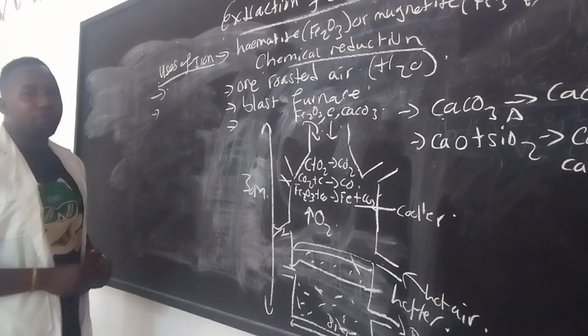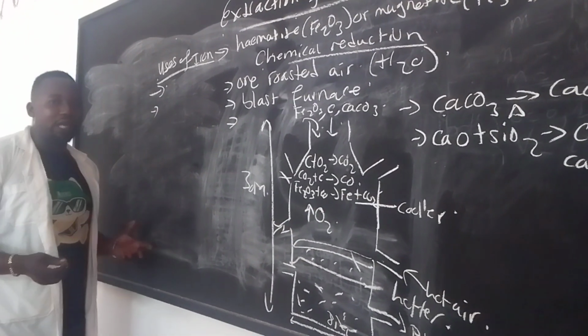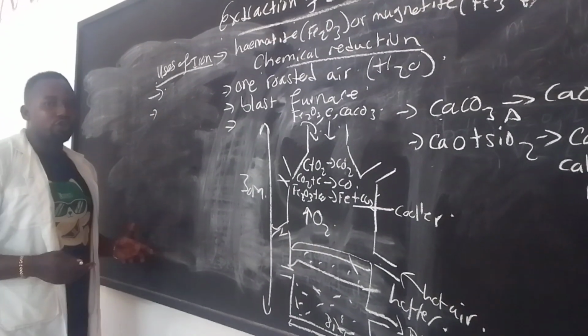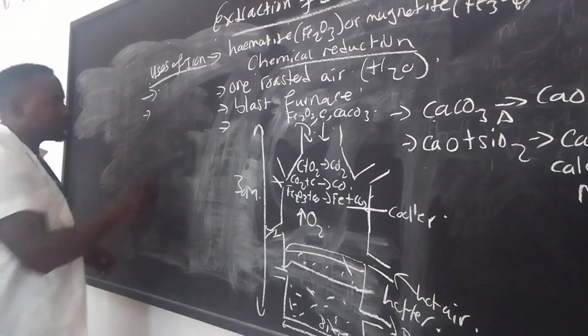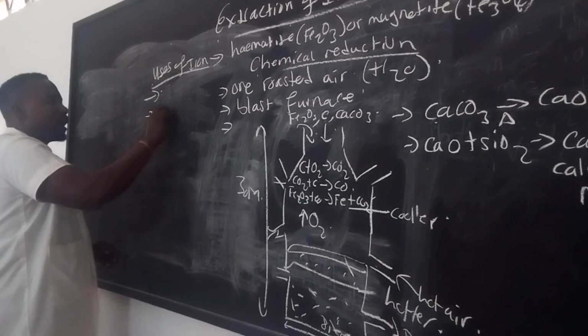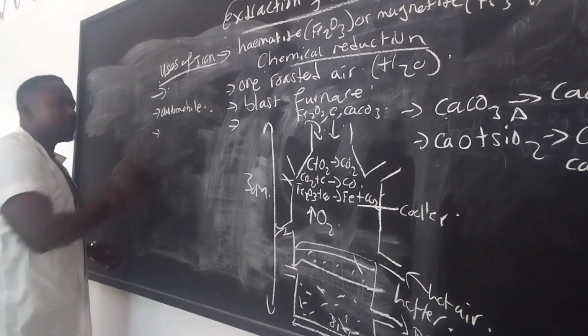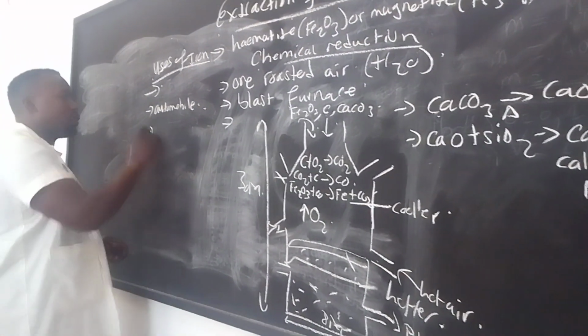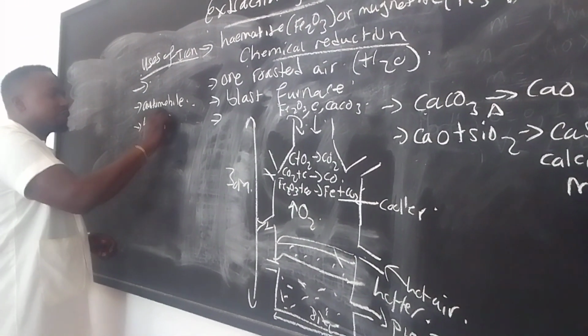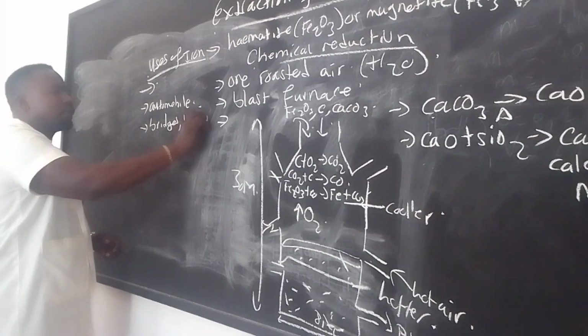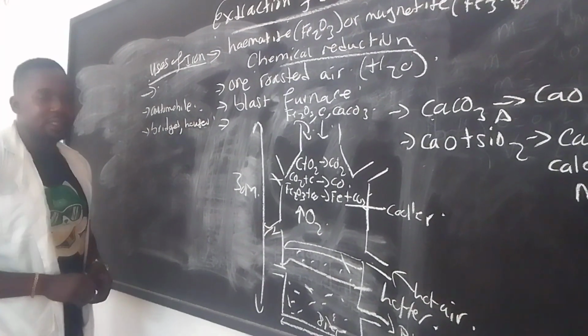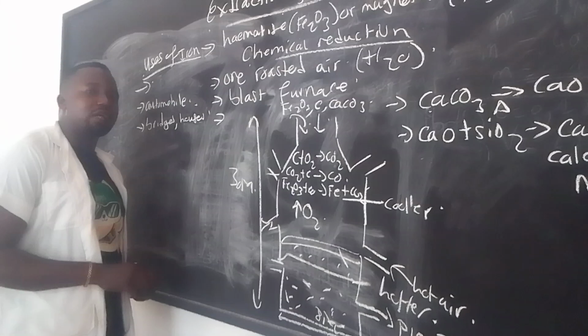The second use is to manufacture electric cable. It's also used in automobile industries to manufacture cars. And lastly, iron is used in the construction of bridges and houses because of its hardness and its resistance to corrosion.